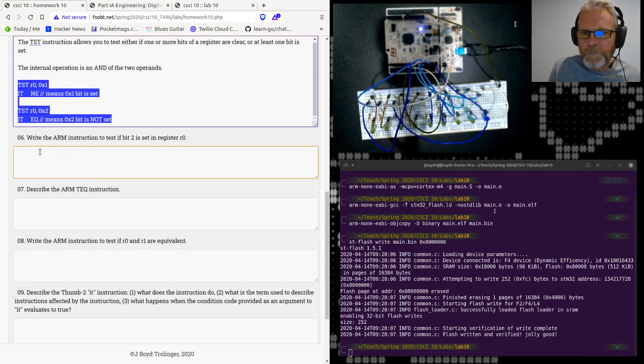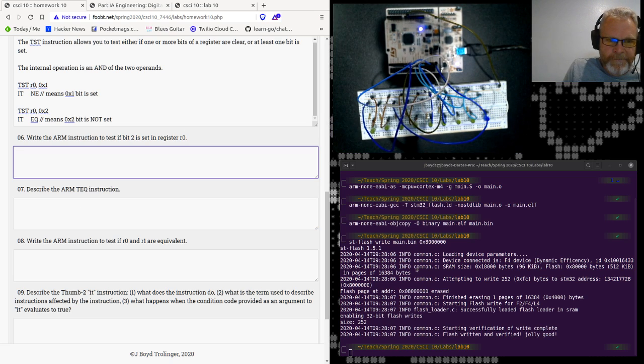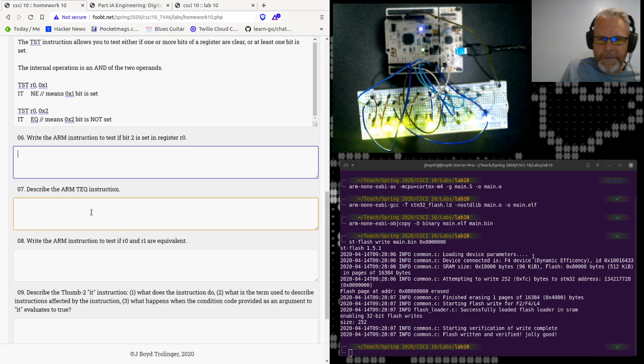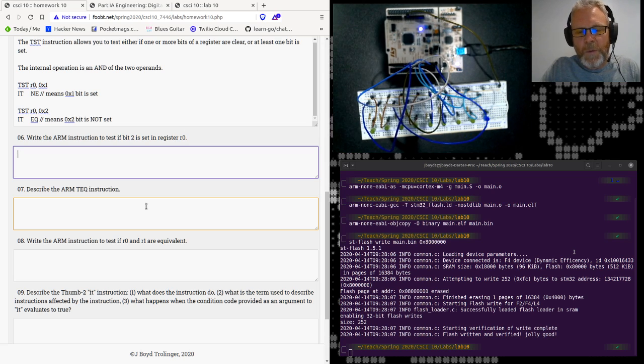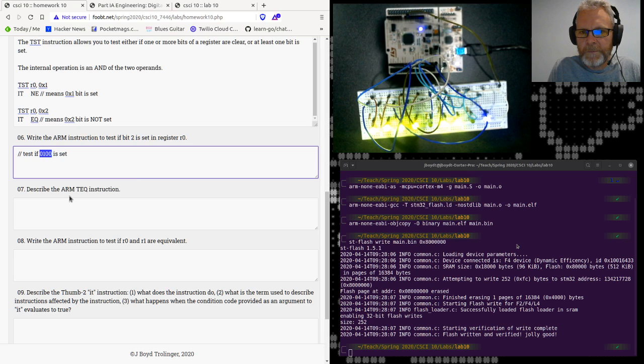Okay, so write the ARM instruction to test if bit 2. So bit 2, remember, is the 2 squared bit. So that nibble, that's the 2 squared bit. So we would do a test. Upper or lower case doesn't really matter.